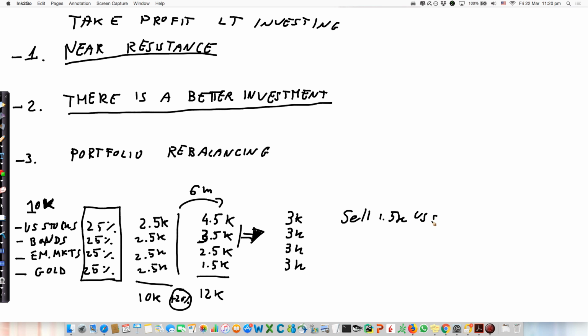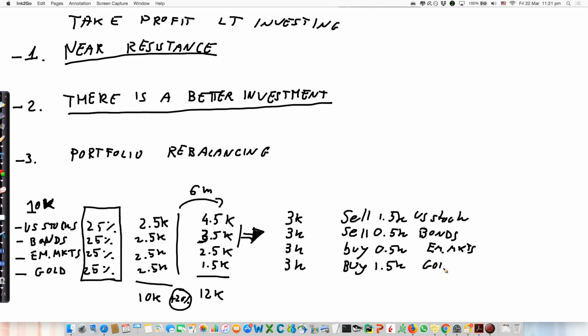1.5k of US stock because you have 4.5. Then you have to sell 0.5k of bonds. This one is 2.5, so you have to buy 0.5k of emerging markets, and you have to buy 1.5k of gold.